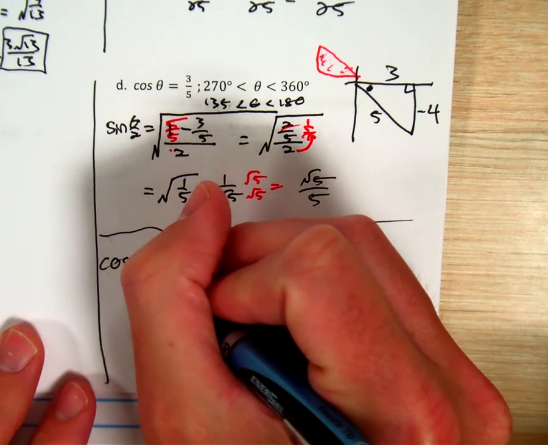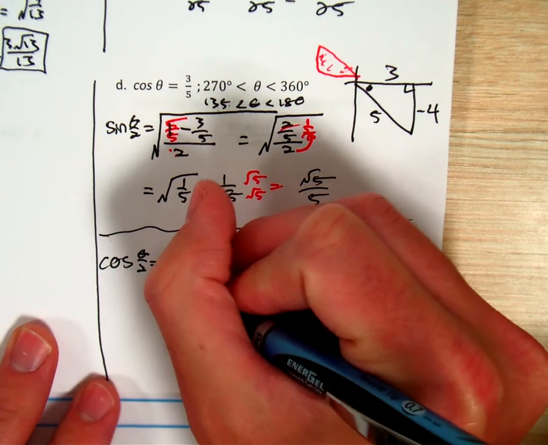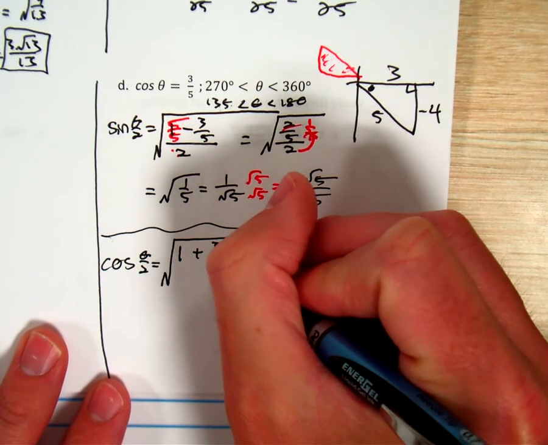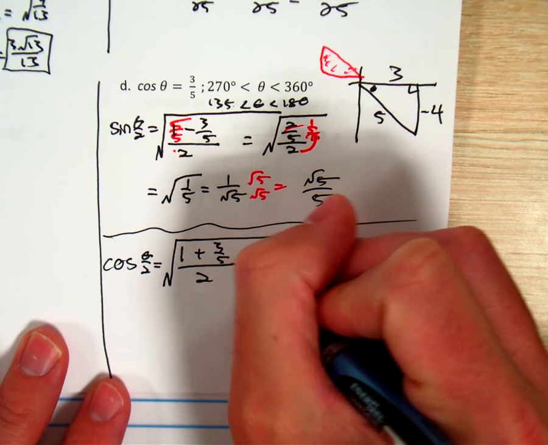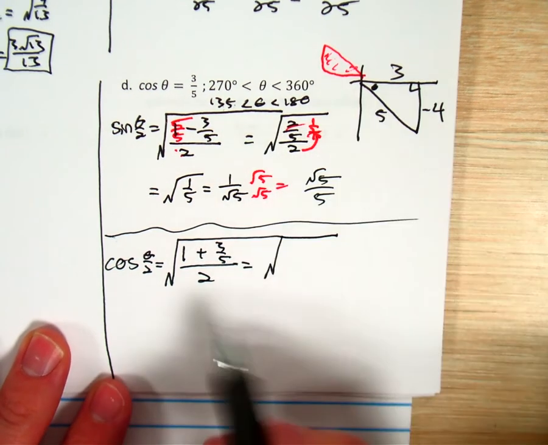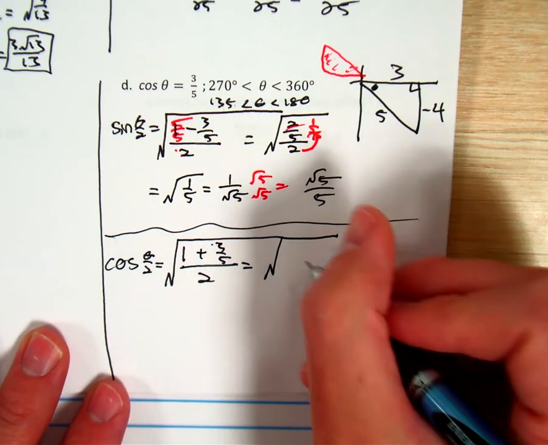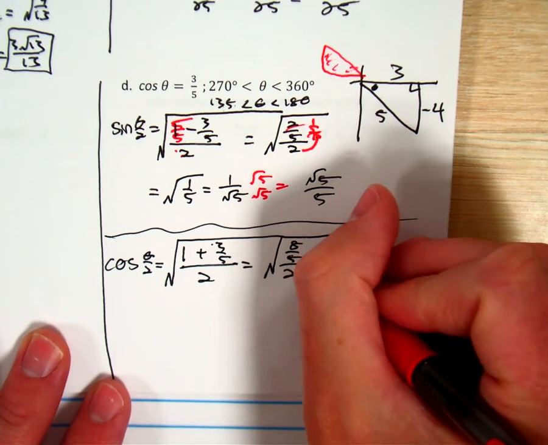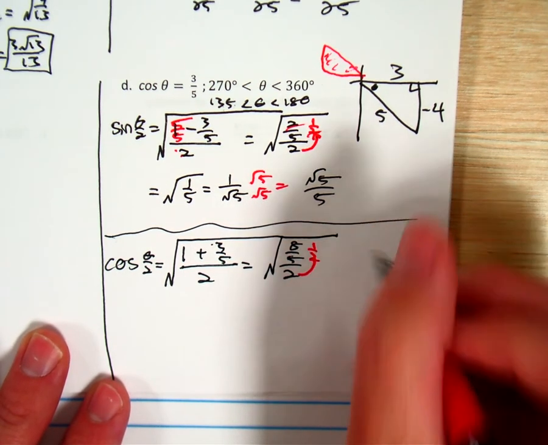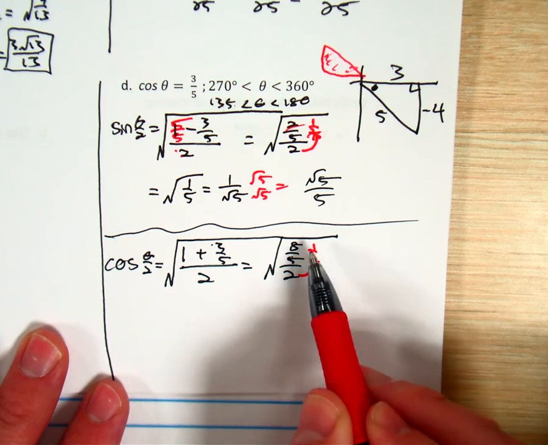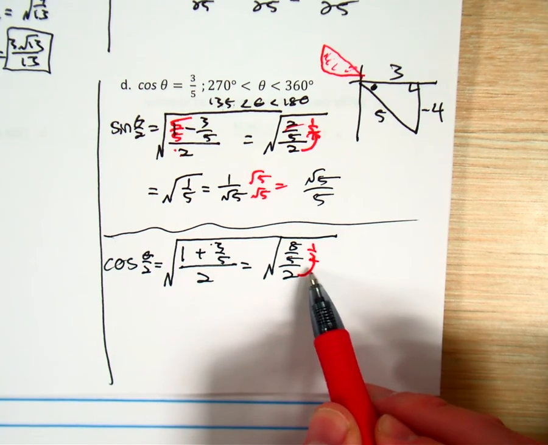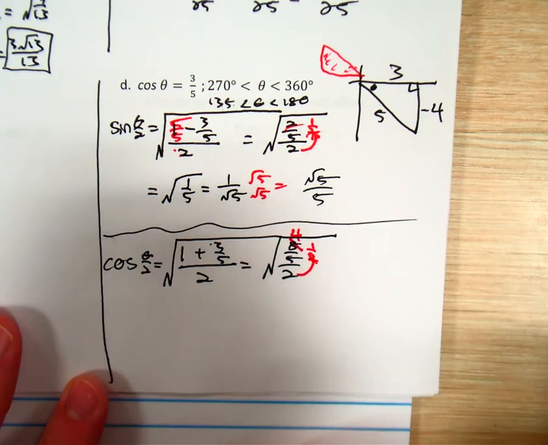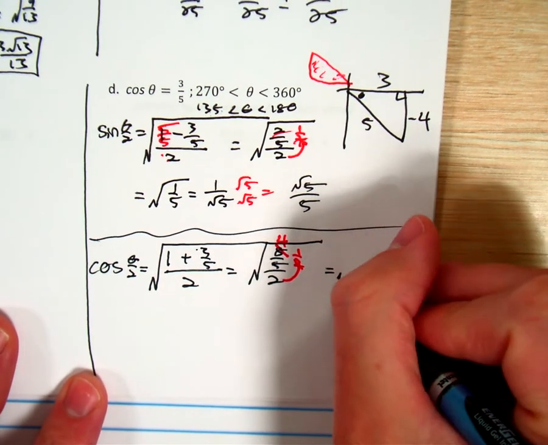Cosine theta over 2 equals, big square root, 1 plus 3/5 over 2. So 5/5 plus 3/5 is 8/5 over 2. Dividing by 2 is multiplying by 1/2. You could go with 8/10 and then reduce to 4/5, or this cancels down to 4. So we've got the square root of 4/5.